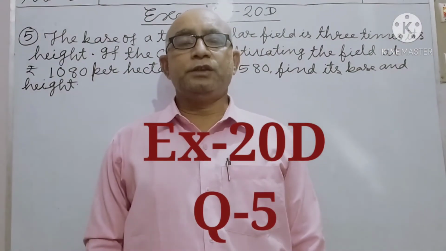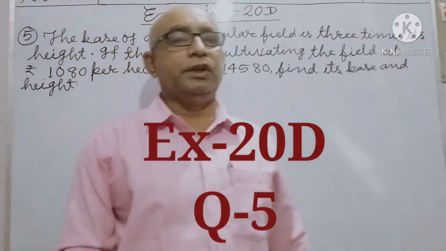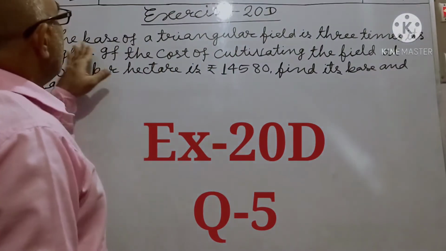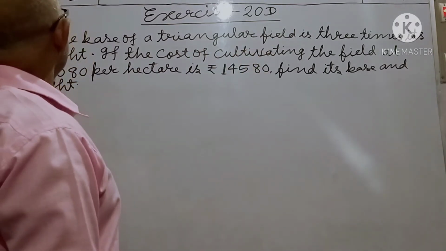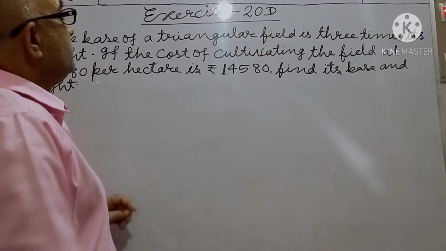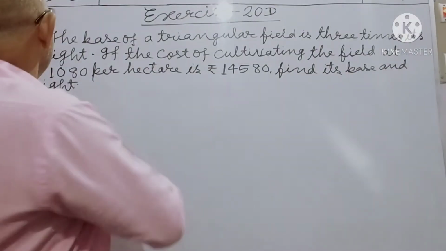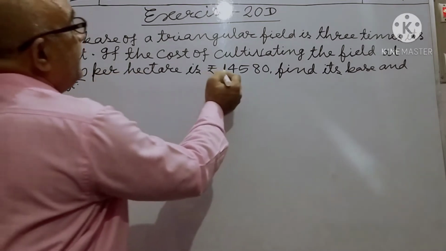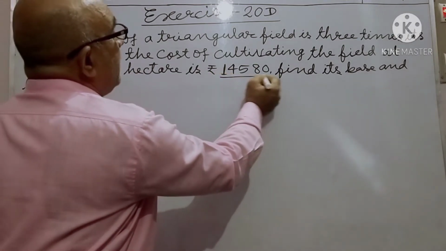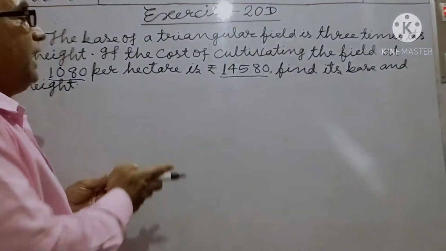Students, next question is question number 5 of exercise 20D. In this question, the base of a triangular field is 3 times its height. If the cost of cultivating the field at rupees 1080 per hectare is rupees 14,580, find its base and height.